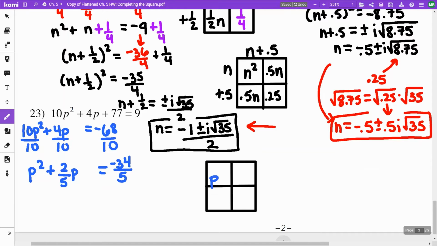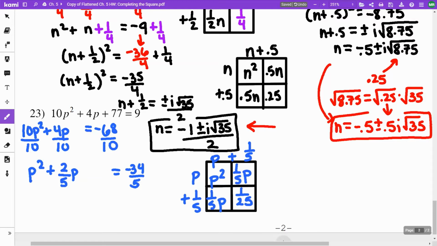Okay. Now, if I'm going to do this as a fraction, I'm going to have p squared, and it's 1/5 p and 1/5 p. So this is going to be p plus 1/5, p plus 1/5, which is going to give me a 1 over 25. So I'm going to be putting in here, let me space this out a little bit, a 1 over 25 and a 1 over 25.